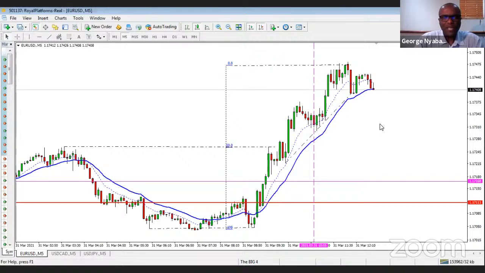So let me answer the first part. What time frame is best for swing trading? Any time frame is best for swing trading. So you could be trading the daily time frame, or you could be trading the hourly time frame.